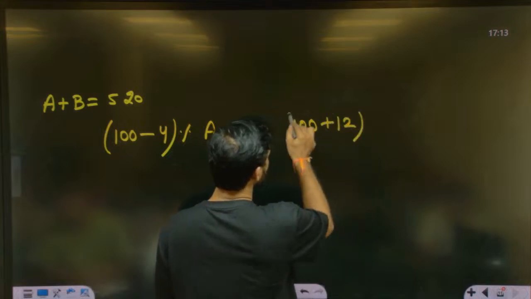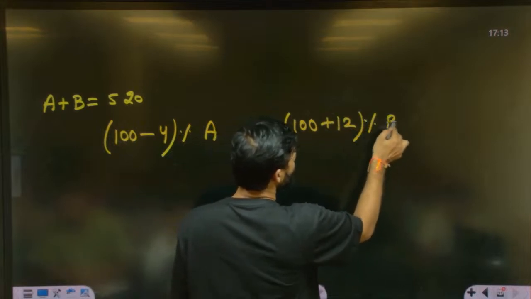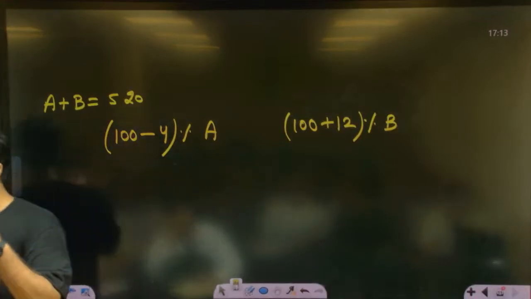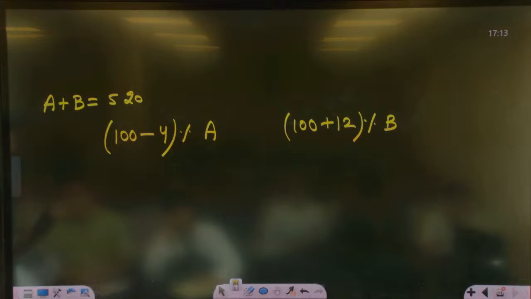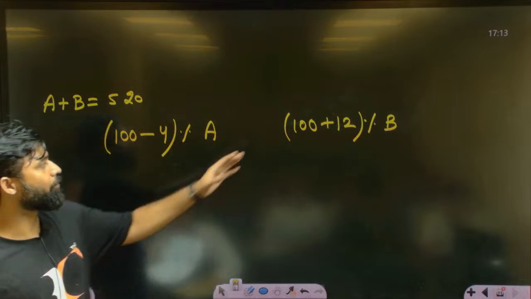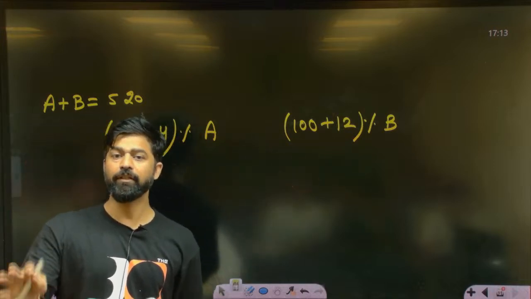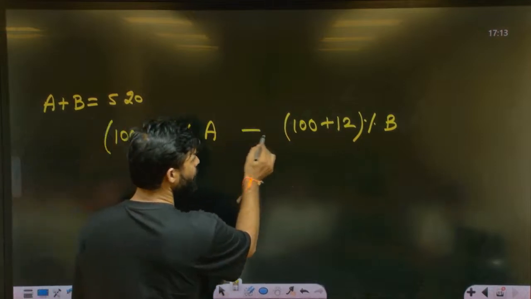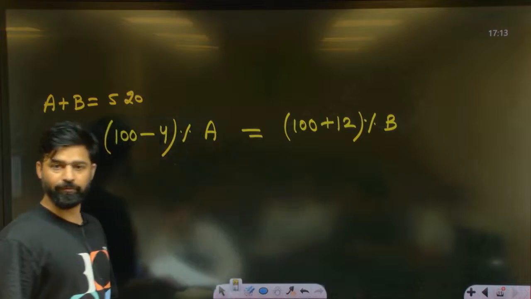So B is now 112% of B. Any problem in this? So we have the new value of A and the new value of B, and he is simply saying the numbers so obtained are equal.